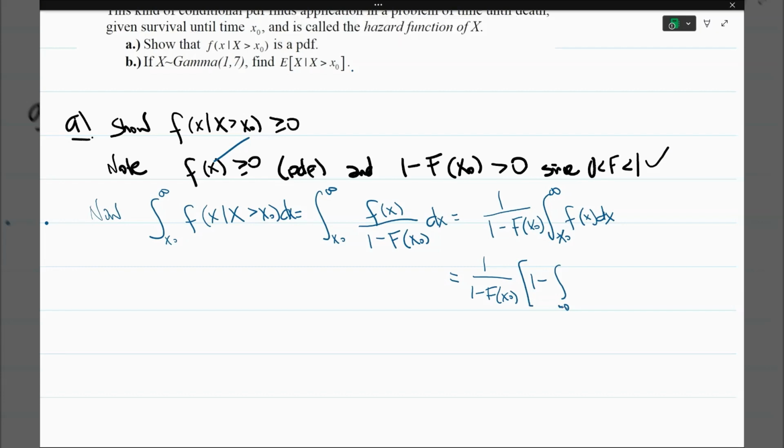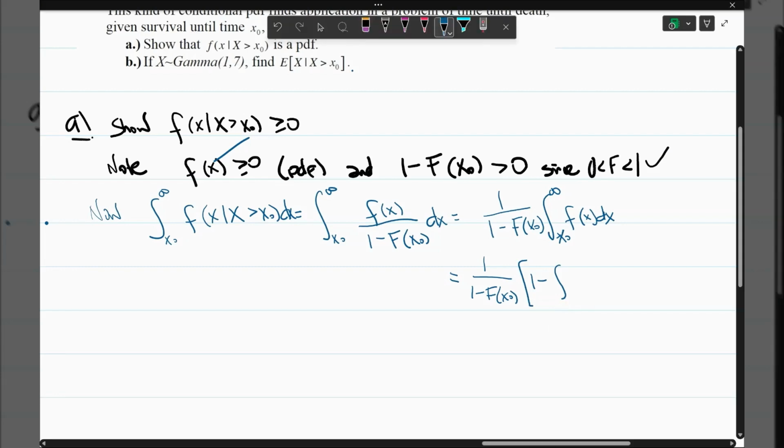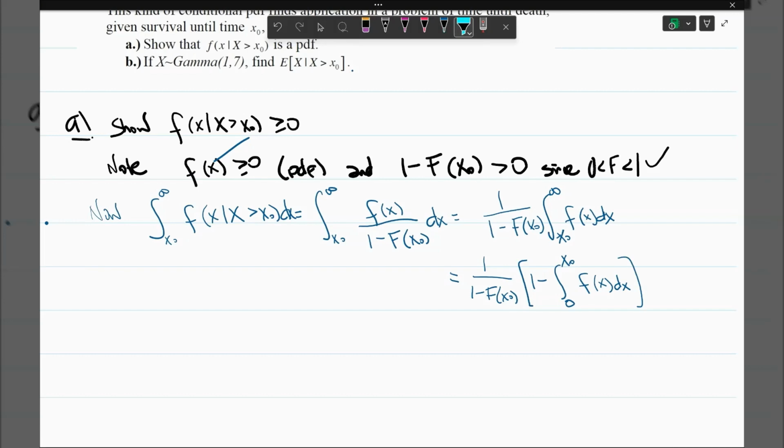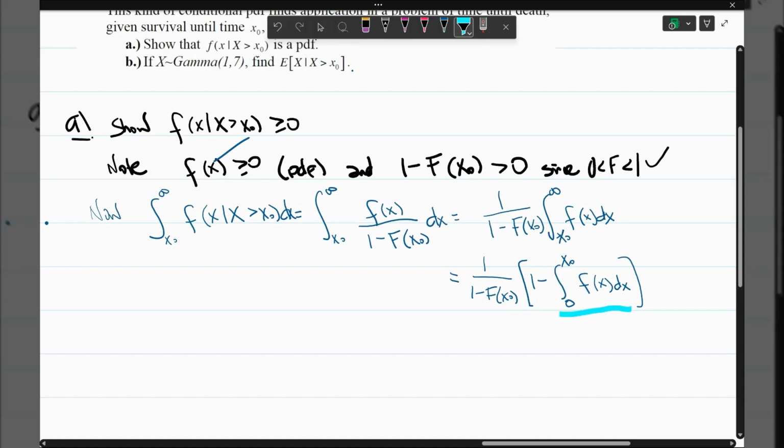So I'll just go ahead and write that one time: 0 to x naught f of x dx. But this right here should look familiar as a definition of the CDF. So this is 1 over 1 minus F of x naught, times 1 minus F of x naught, which would be 1. Okay, so this indeed is a PDF.